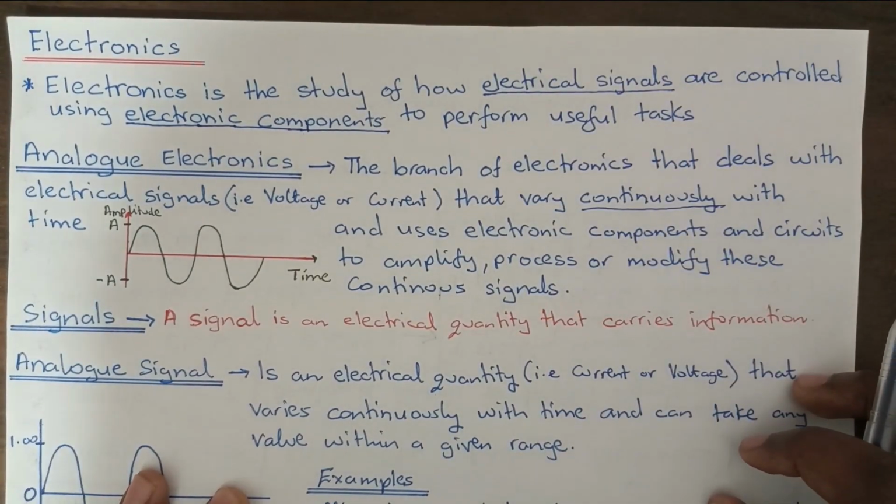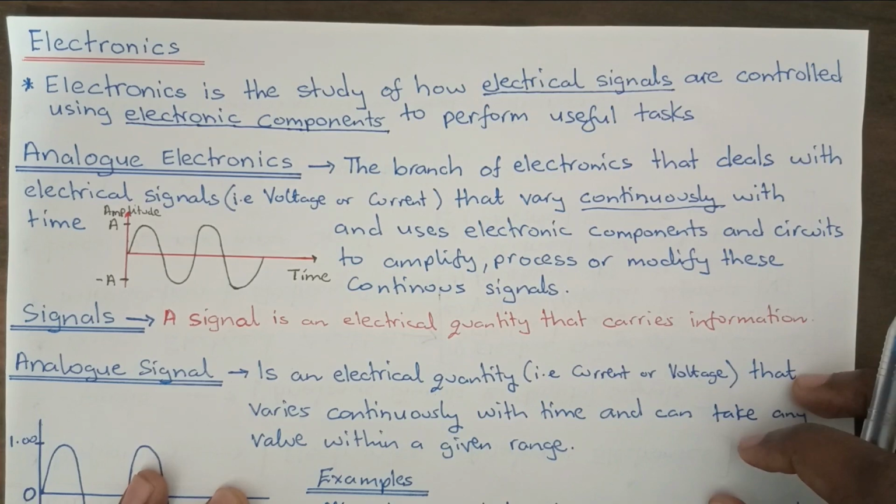We can branch these electronics into two parts. That is analog electronics and digital electronics. But in this lecture, we are more interested in analog electronics. So let us define what is analog electronics.